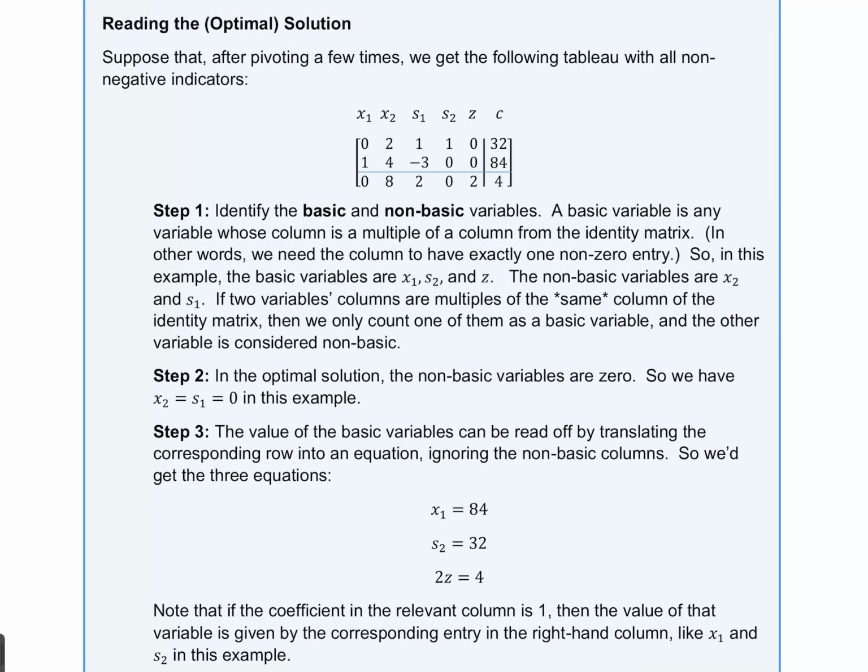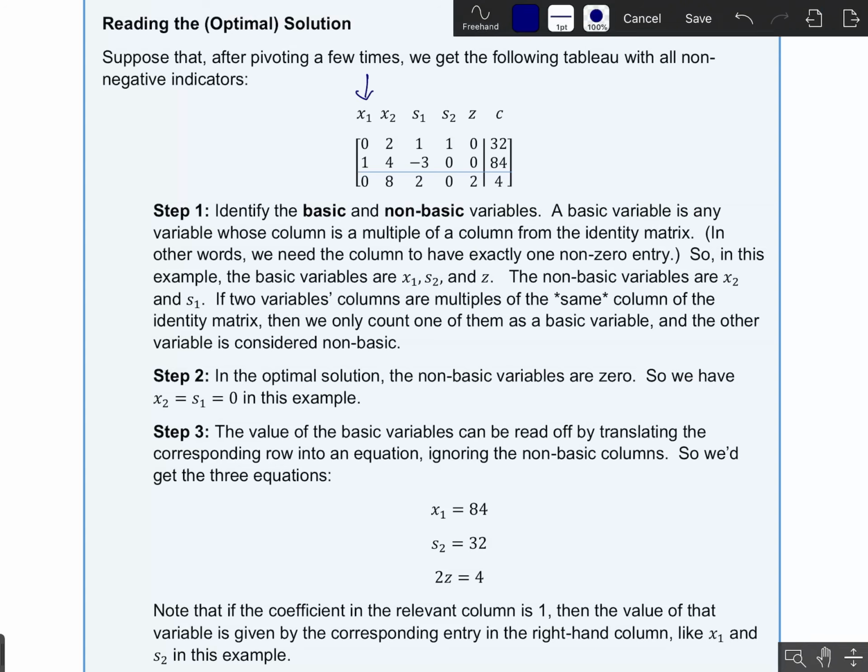So what I mean by basic or non-basic is if you have a variable whose column is just a multiple of a column from the identity matrix, or equivalently, a column that has only one non-zero entry, like this one, and this one, those are going to be called basic variables. So we like those. So we want the columns that have just a single non-zero entry. Those correspond to basic variables.